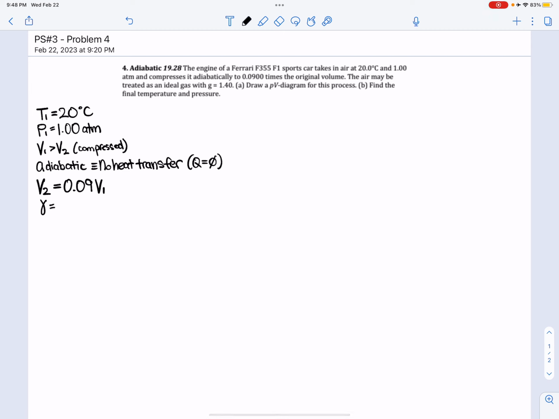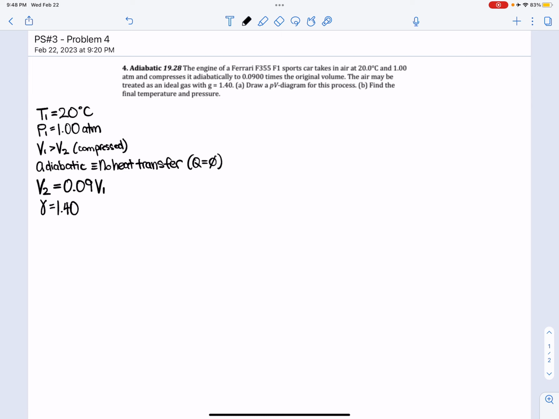Remember, gamma is just a ratio of molar heat capacity, so gamma is equal to Cp over Cv, the molar heat capacity for constant pressure over molar heat capacity for constant volume. You don't really need it for this problem. I just wanted to remind you guys of that.